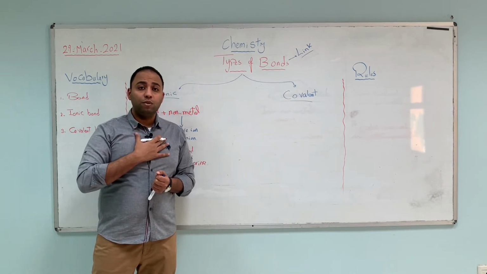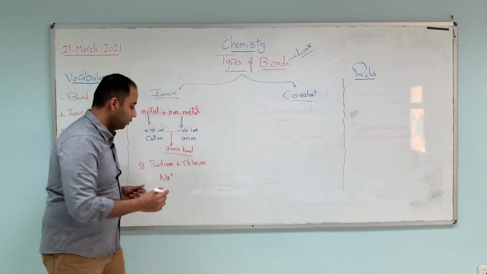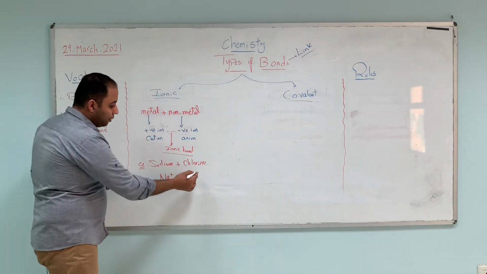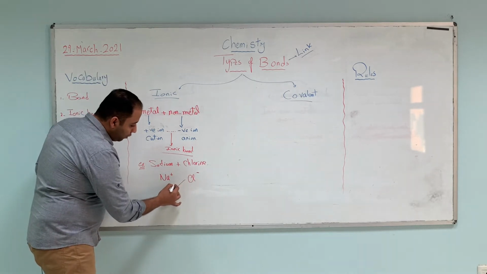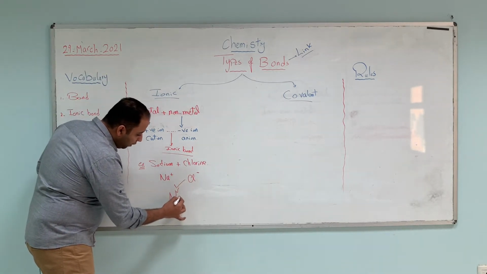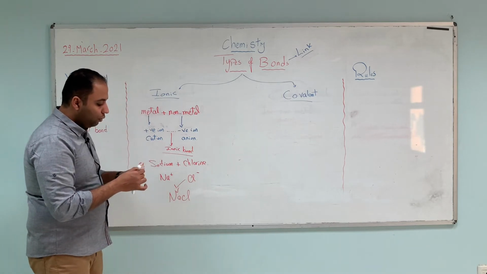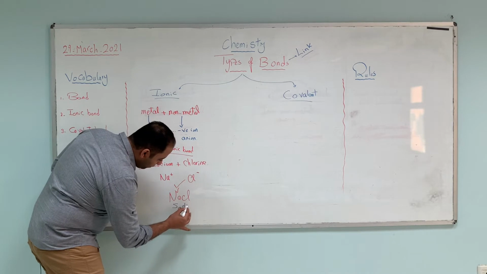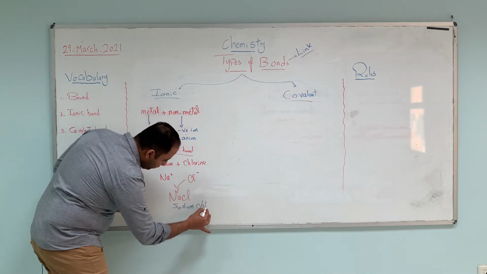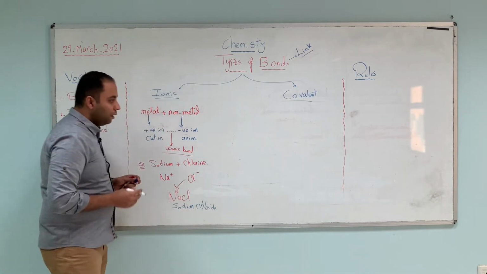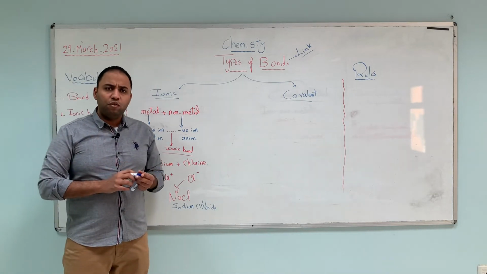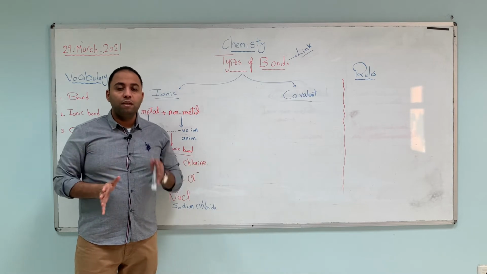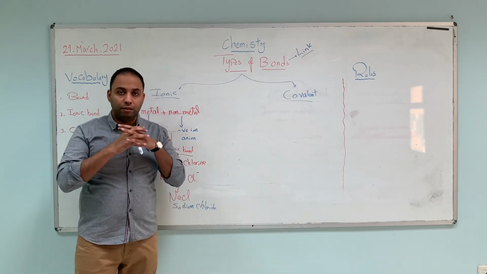When it gains an electron, it forms an ion, Cl with a negative charge. You have negative and positive attraction to form NaCl. This is called sodium chloride. So now we finish the ionic bond, formed between metal and non-metal, cation, anion, electrostatic attraction.